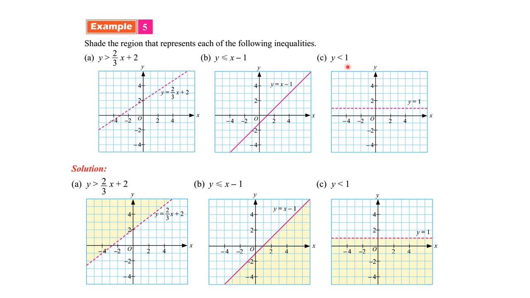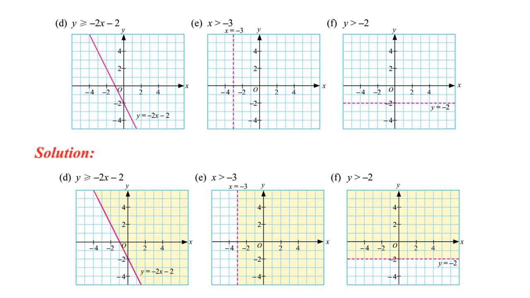C. y is less than 1. The sign here is less than, so we shade the region below the straight line. D. y is greater than or equal to negative 2x minus 2. The sign here is greater than or equal to, so we shade the region above the straight line.